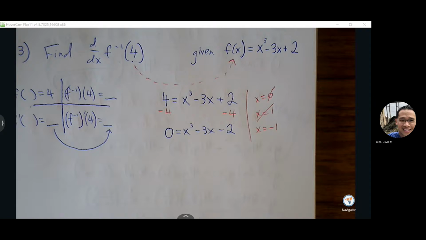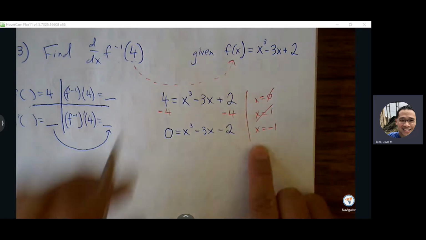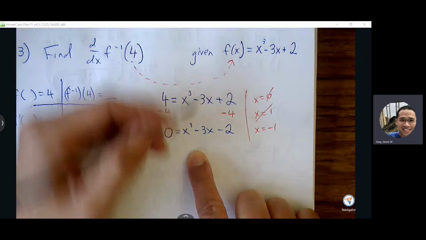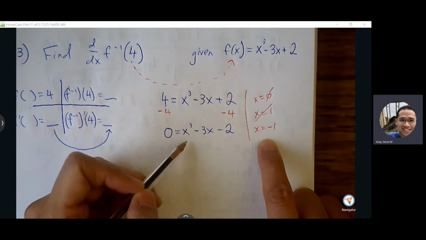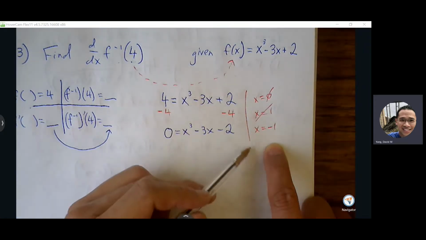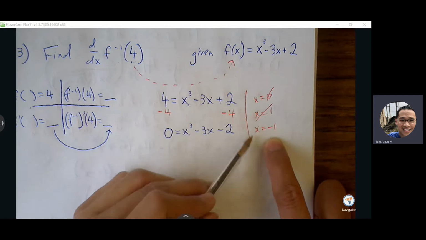Let's see. Yeah, -1 works, right? Sorry, I didn't mean for there to be 2 different solutions. I think 1 also works. Okay, but we'll go with -1.